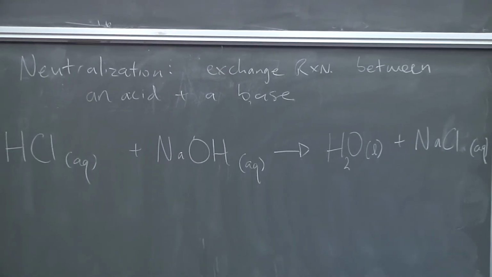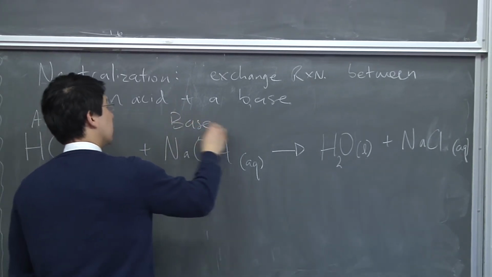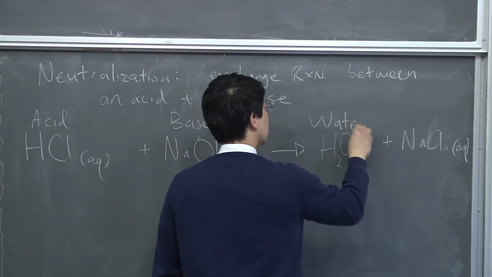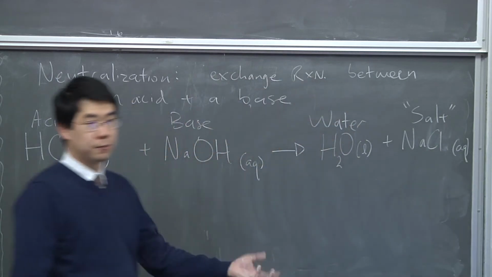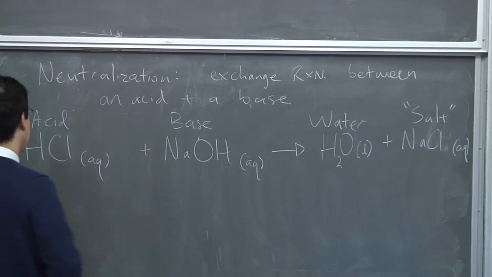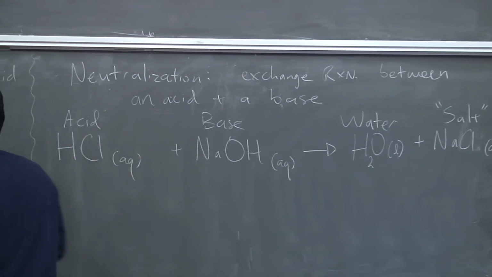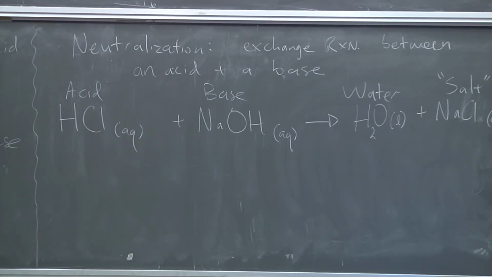Yeah, and so you have an acid plus a base gives you water and what's typically called a salt, an ionic compound. NaCl we call salt, like table salt, but it doesn't have to be NaCl if it's not HCl and NaOH, right? We could have something like this. Why won't the NaCl be a solid then? Because the solubility rules say that NaCl is soluble.